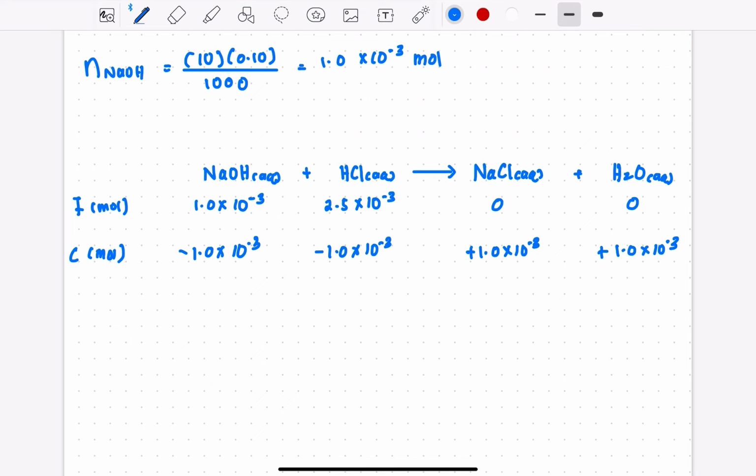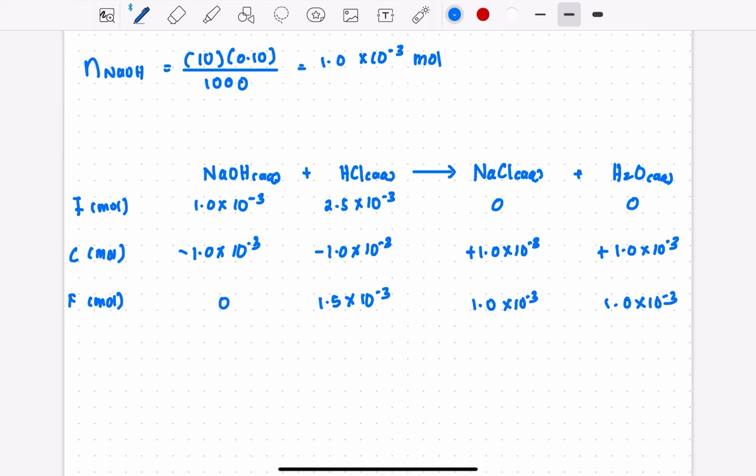Okay. So we don't have equilibrium. Remember, this is a forward reaction. So it will be final instead of E, equilibrium. So this one will be 0. This one you minus and you're going to get 1.5 exponent negative 3. This one 1, and this one 1 as well. Okay.